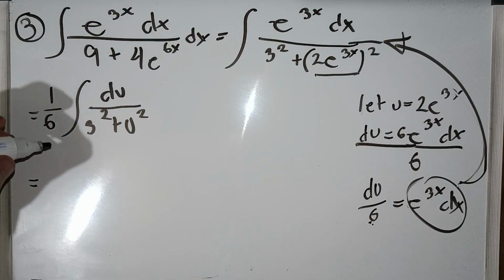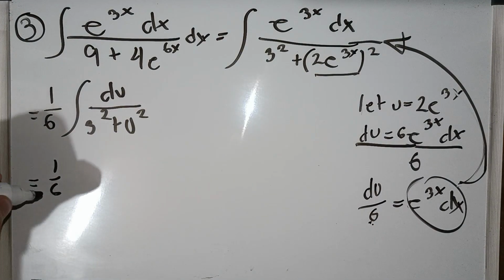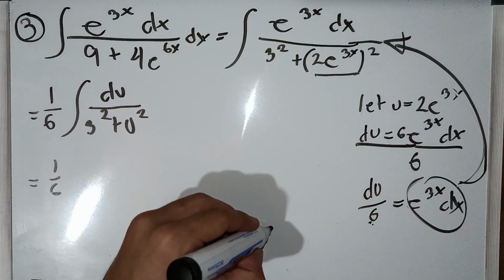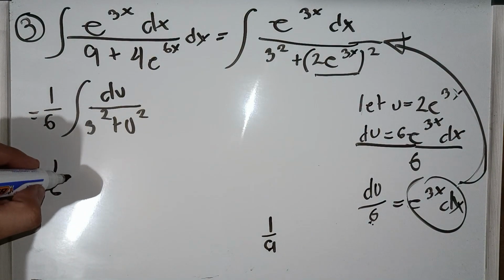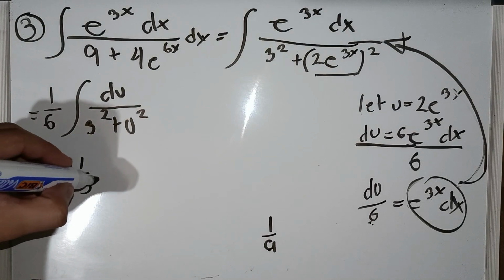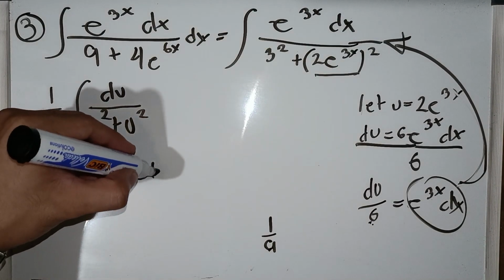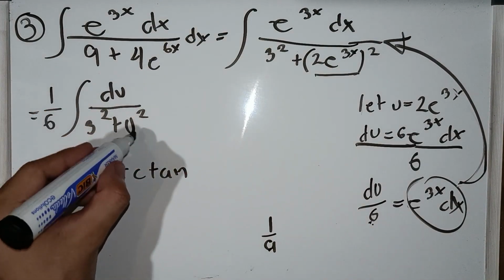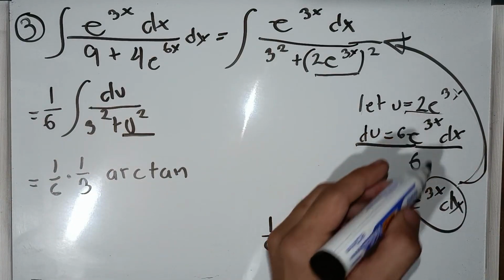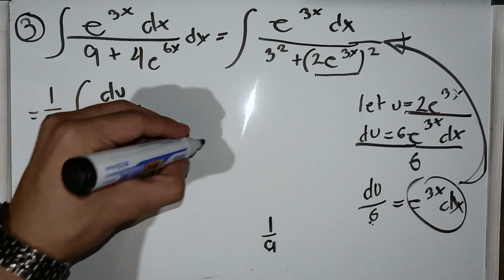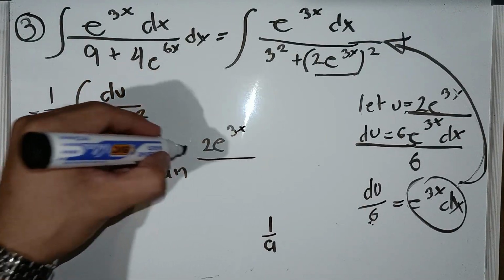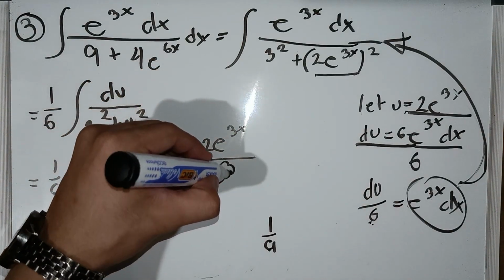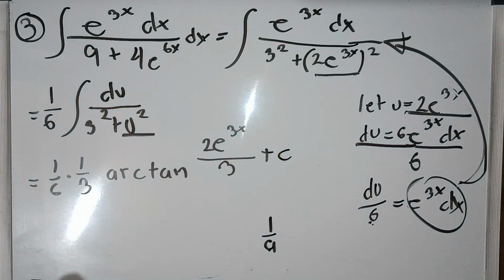This is equal to 1 over 6 multiplying this by 1 over 3. Since 1 over 3 is equal to 1 over a, so 1 over 3 arctan of u, which is 2e raised to 3x, all over a, which is 3, plus c.